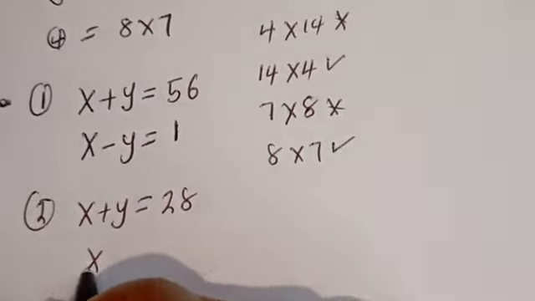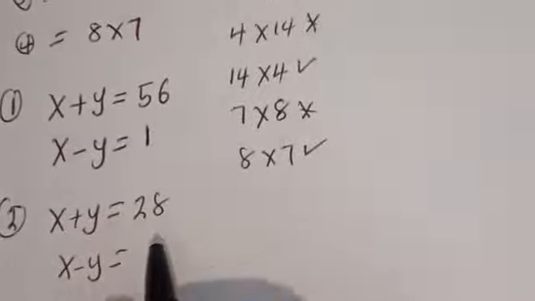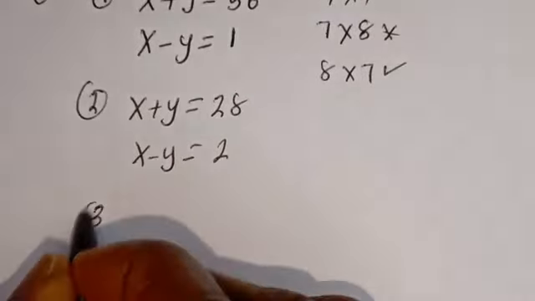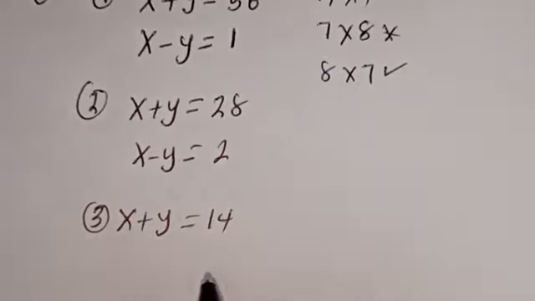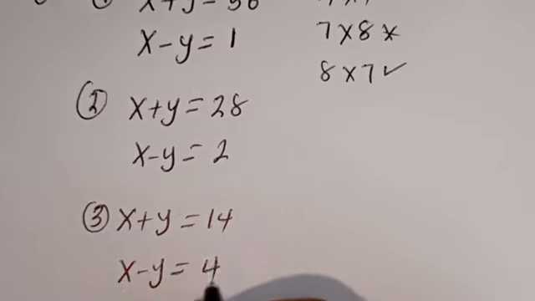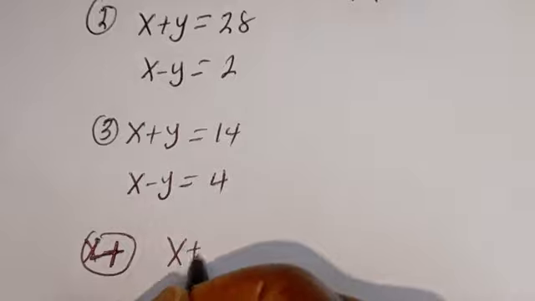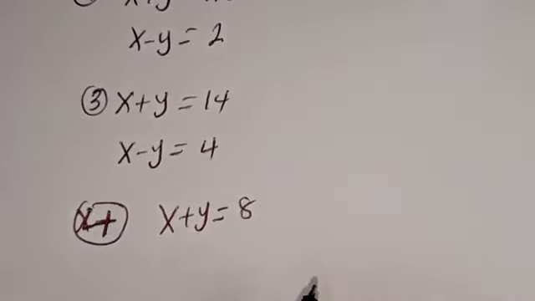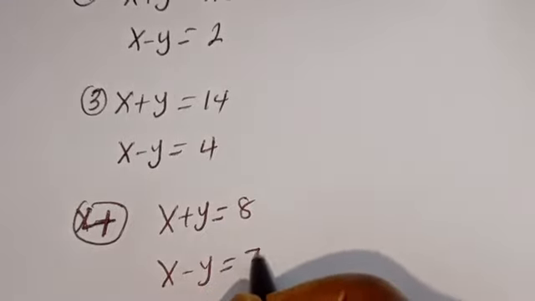Then x minus y is equal to 2. The third equation is x plus y is equal to 14. Then x minus y is equal to 4. And the fourth equation is x plus y is equal to 8. Then x minus y is equal to 7.